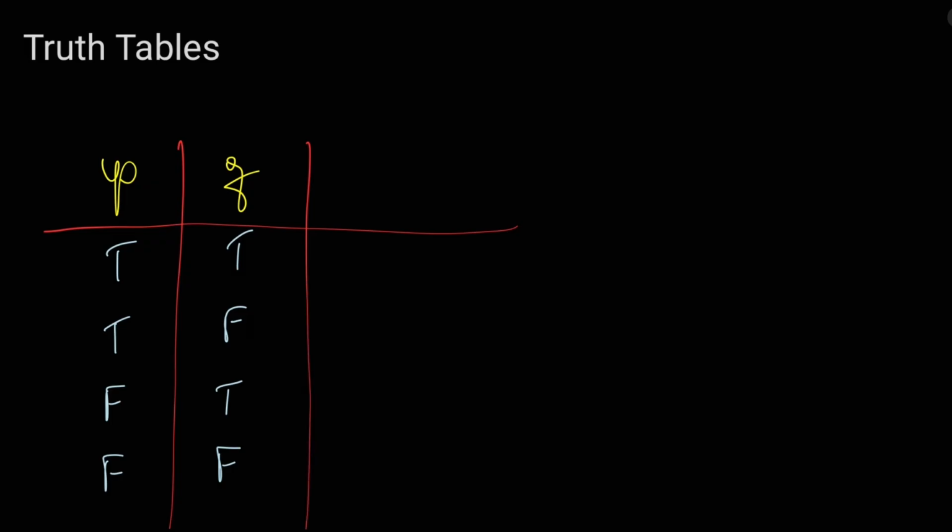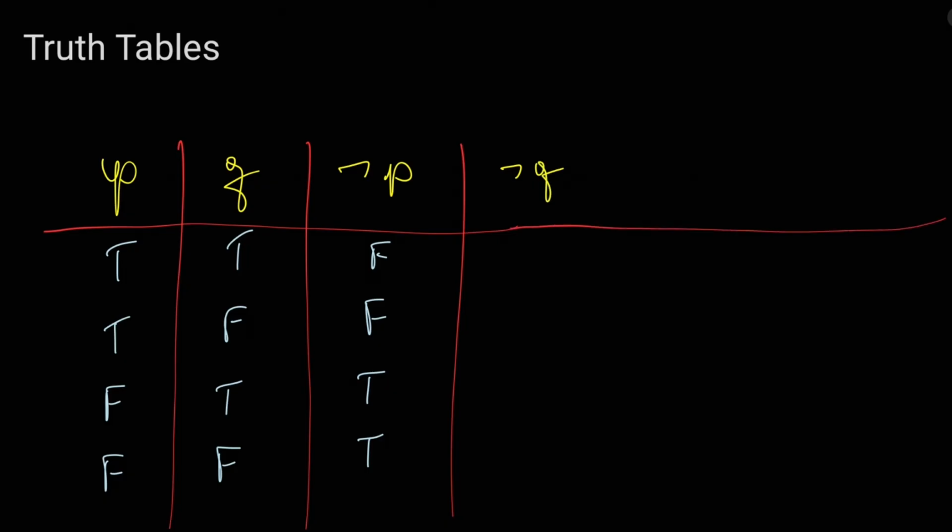Now, let's add some columns for each logical expression. So first of all, not P. If P is true, then not P is false. So this is false, this is false. If P is false, then not P is true. Same thing with not Q. If Q is true, then not Q is false.